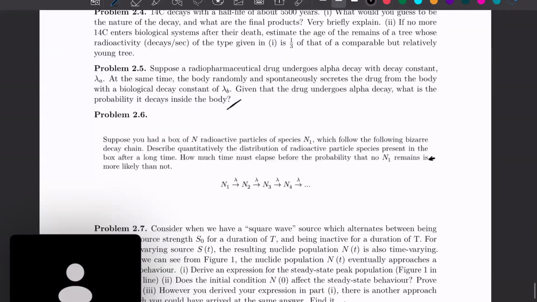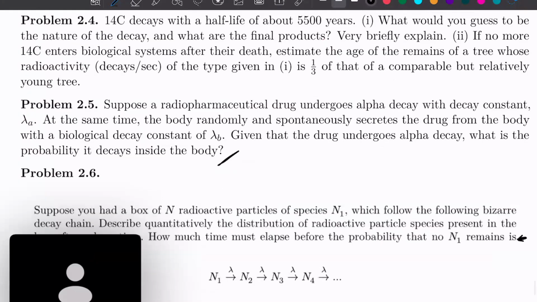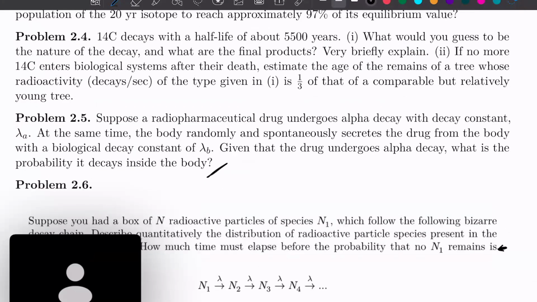So over here, we can think of this, given that the drug undergoes alpha decay. This is a conditional probability. I don't know if you have learned this, but basically the probability that it undergoes alpha decay, given that it does decay at the end, is the probability that it decays inside the body over the probability that it decays.